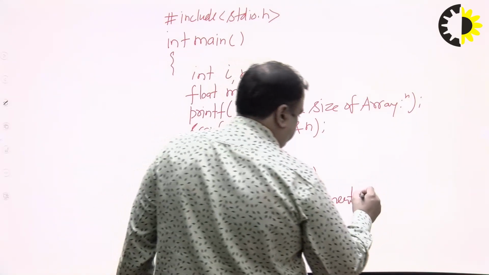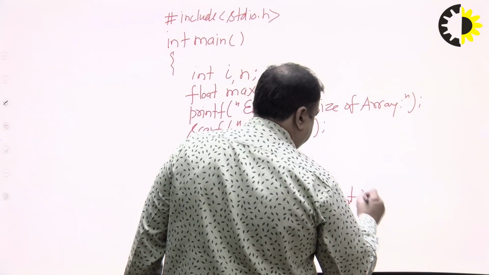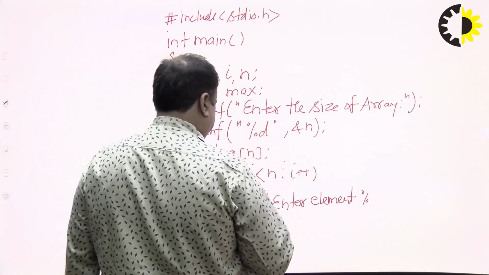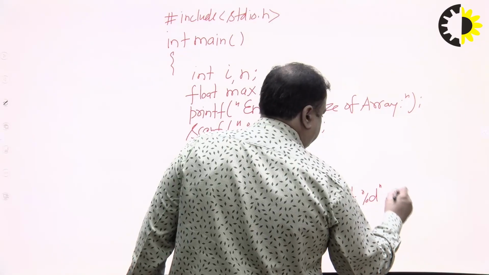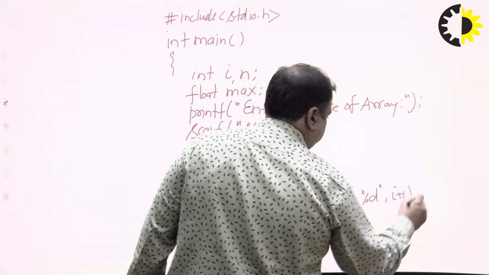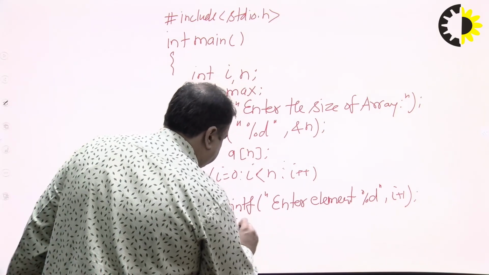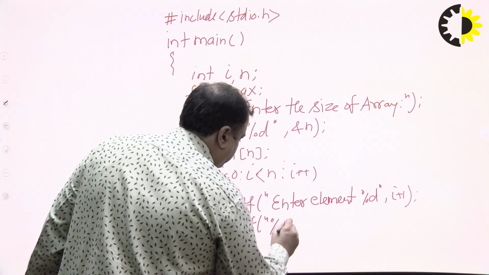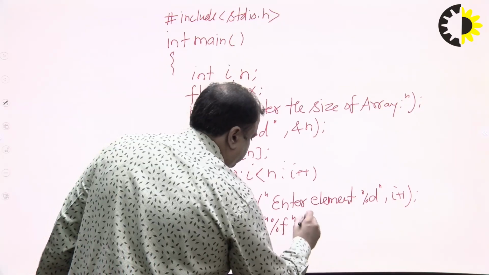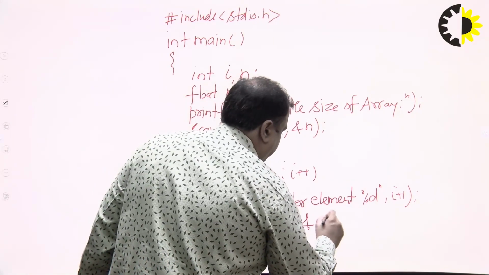We can give a number also, like %d, which element, i plus 1, and we can read with scanf, reading a float value at the address of a i.